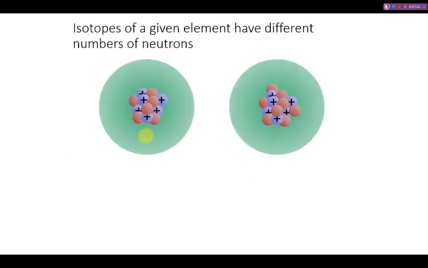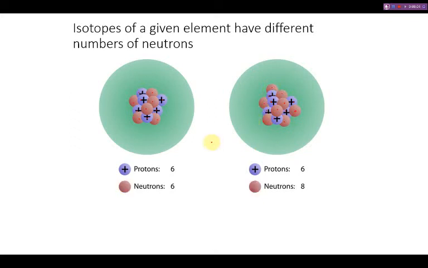Now, in this case, we can compare and see what's going on here to see what isotopes we have. On the left, we have 1, 2, 3, 4, 5, 6 protons, and 1, 2, 3, 4, 5, 6 neutrons. On the right, we have 1, 2, 3, 4, 5, 6 protons, and 1, 2, 3, 4, 5, 6, 7, 8 neutrons.